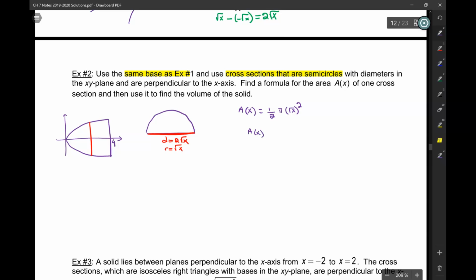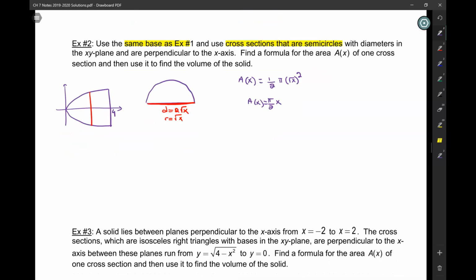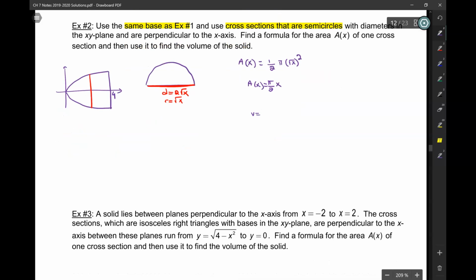So A of x is pi over 2 x. How do we find volume then? It's the integral of pi over 2 x dx from 0 to 4.